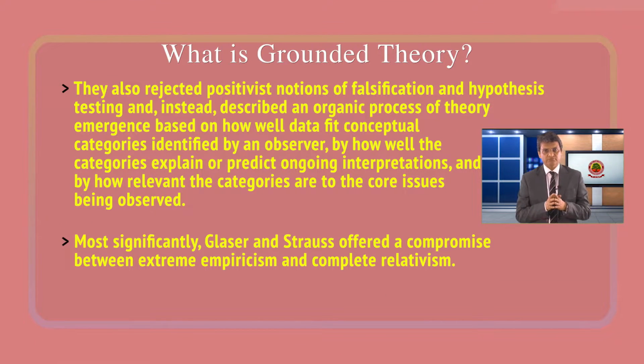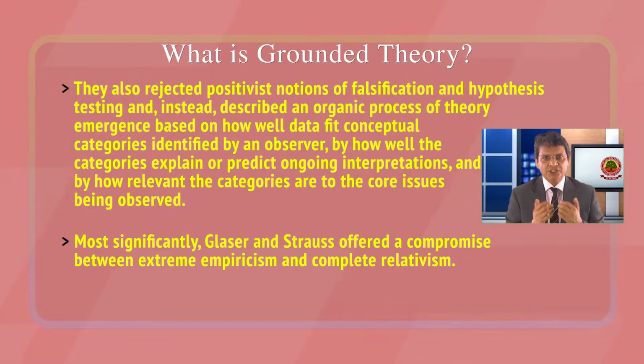Most significantly, Glaser and Strauss offered a compromise between extreme empiricism and complete relativism by articulating a middle ground in which systematic data collection could be used to develop theories that address the interpretive realities of actors in social settings.